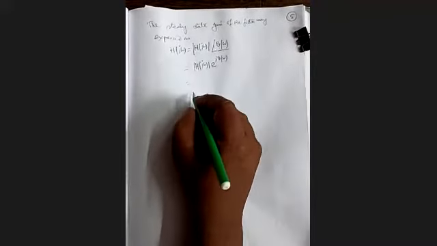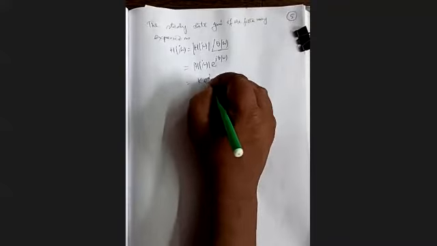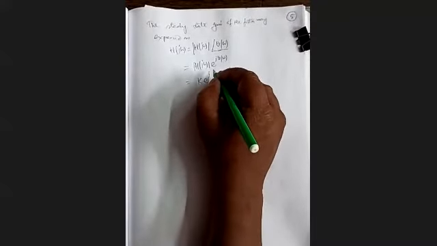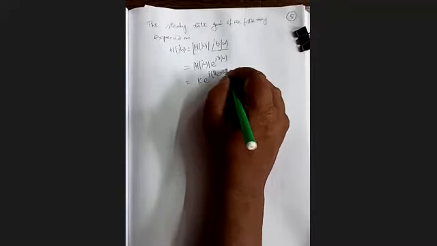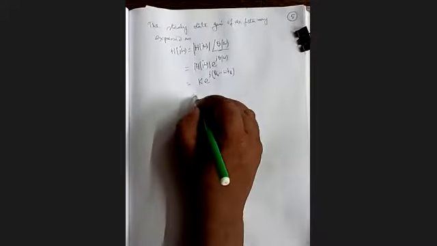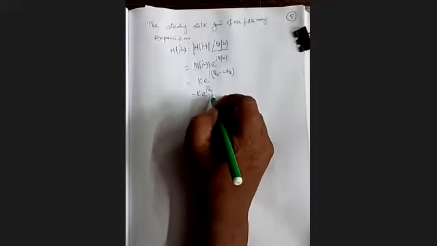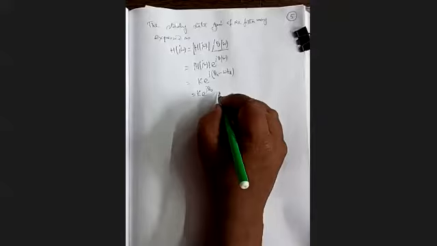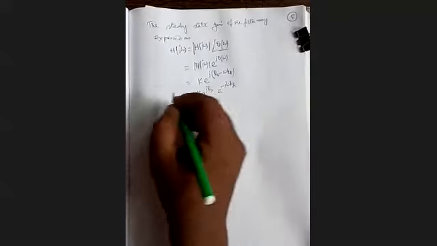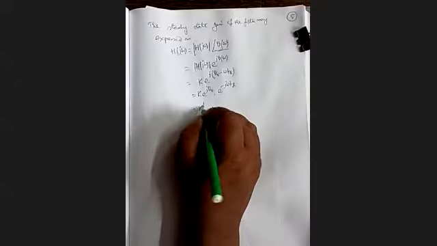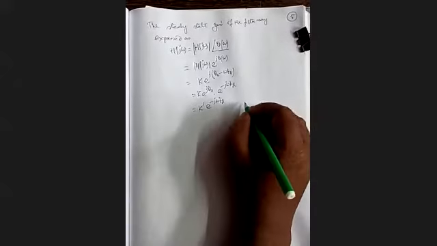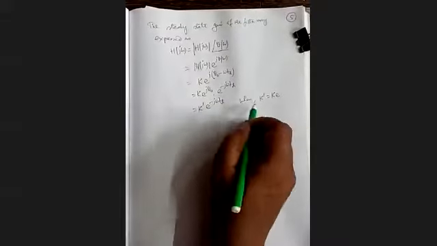Or it is K e^(j(θ0 minus ω td)), or K e^(jθ0), where θ0 is the offset value, a constant term, times e^(-jω td). So we can write it as K' e^(-jω td), where K' equals K e^(jθ0).